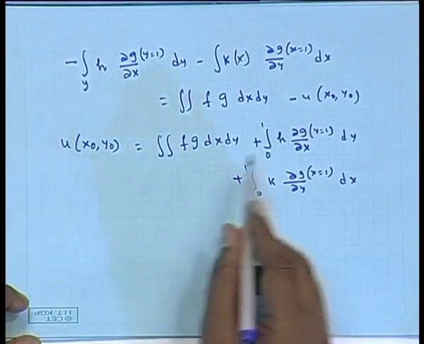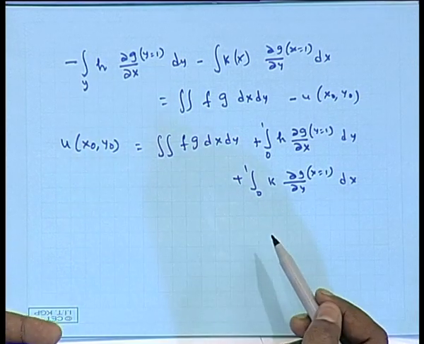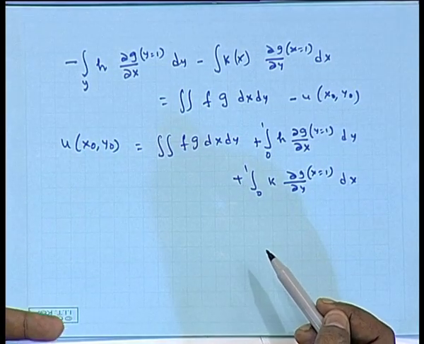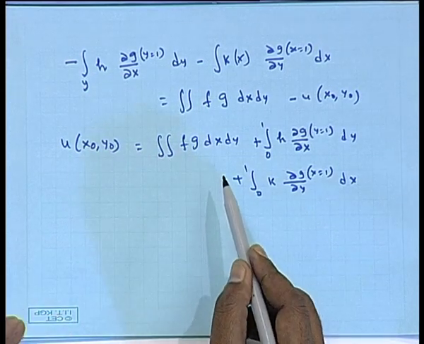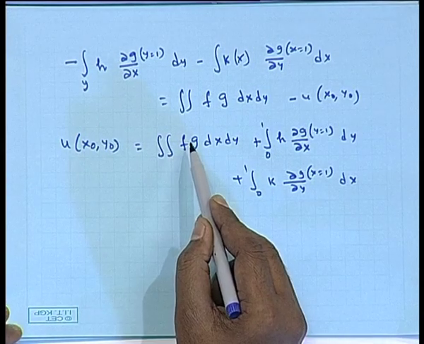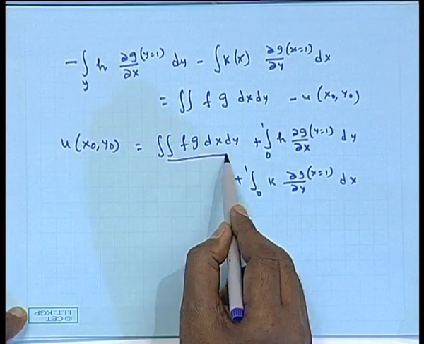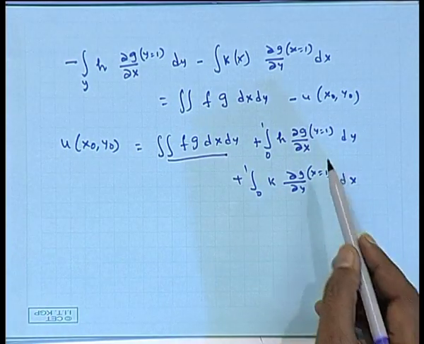Now, g is a function of x, y as well as x naught, y naught. You are integrating over x and y, a definite integral, so those will be gone. So, it will be a function of x naught and y naught only.